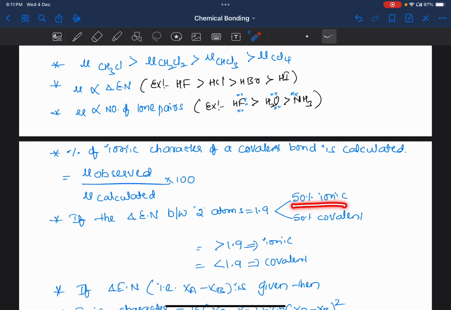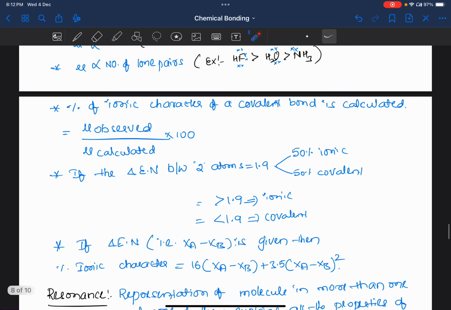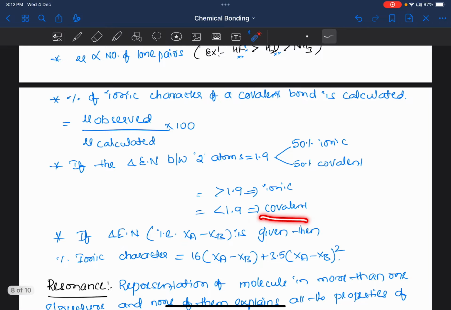If the electronegativity difference between two atoms is greater than 1.9, then the compound will be more ionic in nature. And if the electronegativity difference is less than 1.9, then the compound is covalent in nature.